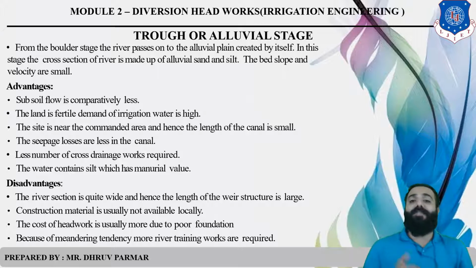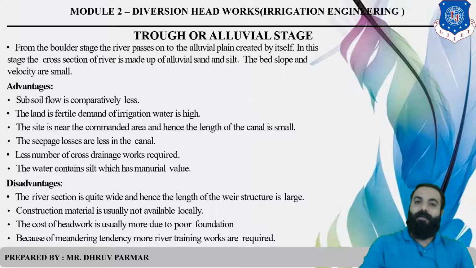And the construction cost is very high because there is no proper foundation. Clear? We have to create a pile foundation for the structure because we cannot get a hard foundation or hard stratum below the surface. Clear? There are some advantages and disadvantages, but all in all, the true or alluvial stage is useful to construct a diversion headwork.